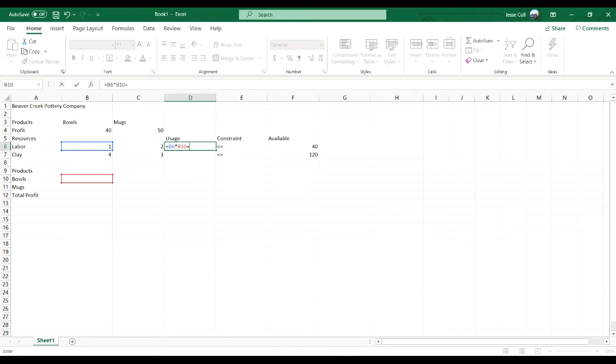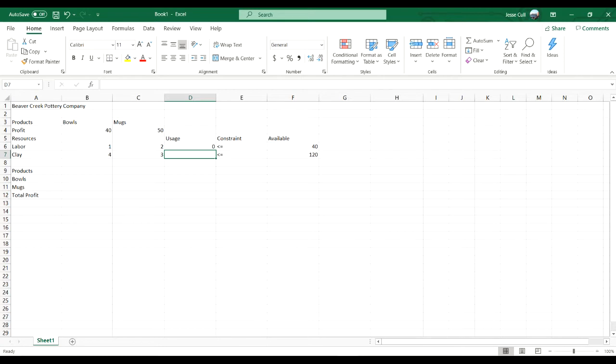But we also have to add the total labor per mug times the total number of mugs we will produce down here. That's what we've indicated here. B6 times B11 is the total labor for bowls. C6 times B11 is the total labor for mugs. We hit enter, and right now it will be 0 because we haven't produced any bowls or any mugs.